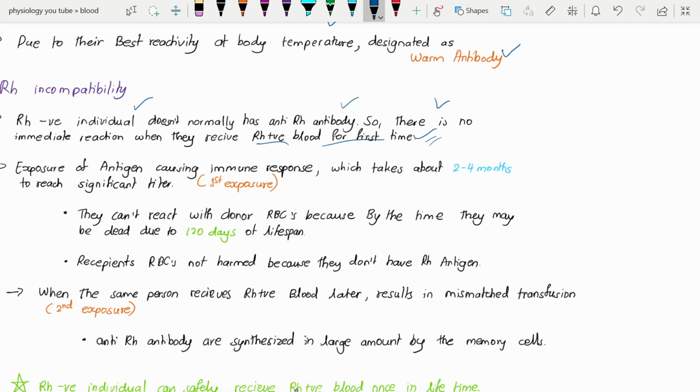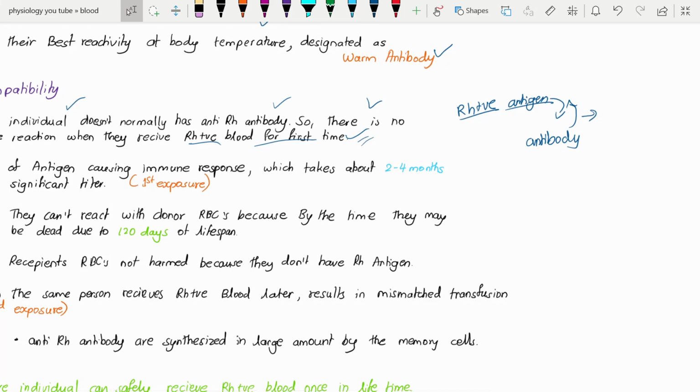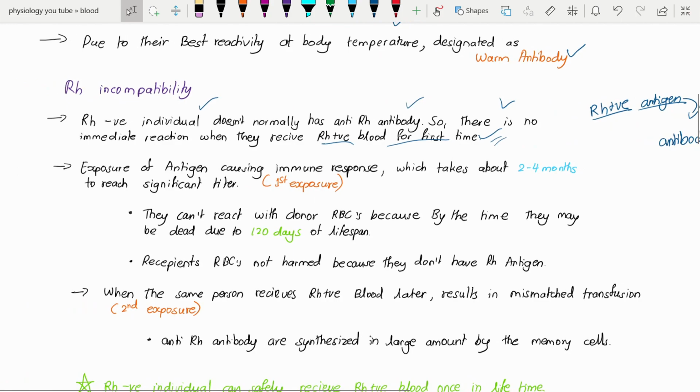It is very simple. Rh positive means the antigen is present. When you transfuse this antigen to a person who has antibody against this antigen, there occurs the Rh incompatibility. It is nothing but a complication of blood transfusion, right? So it is a mismatched blood transfusion.